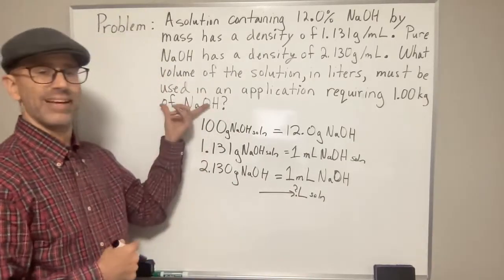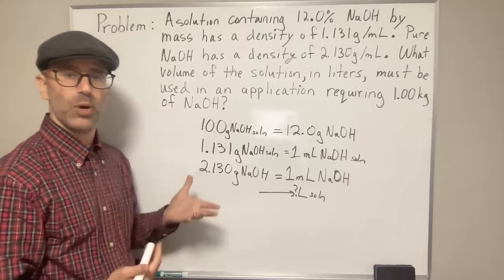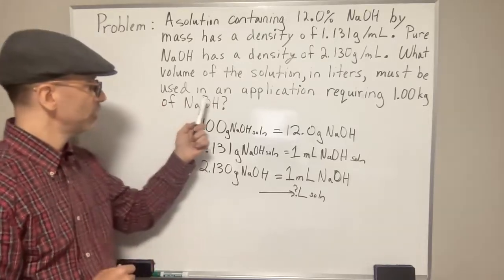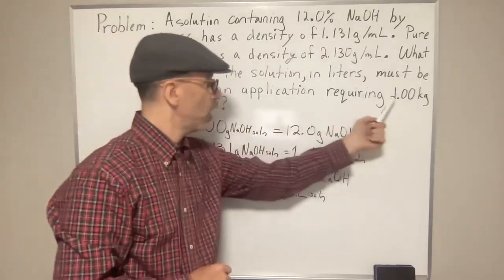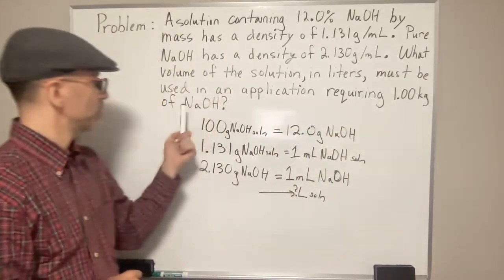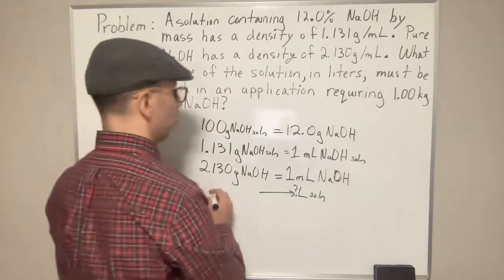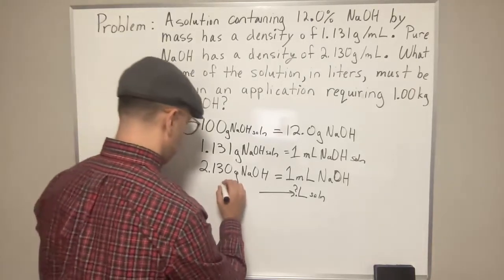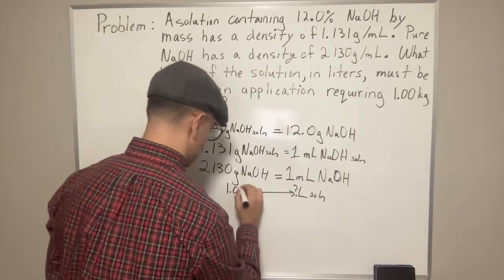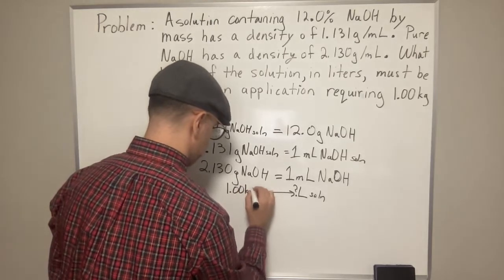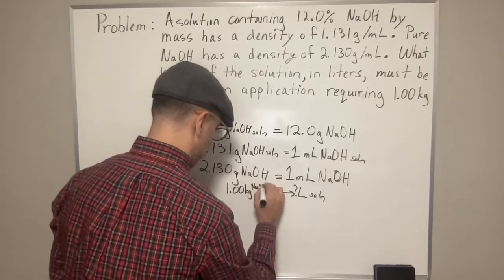Where's the beginning? The beginning is in the question as well. If you keep reading the question, it's requiring 1.00 kilograms of the NaOH. So that's where we're going to begin. So we're going to start with 1.00 kilograms of NaOH.